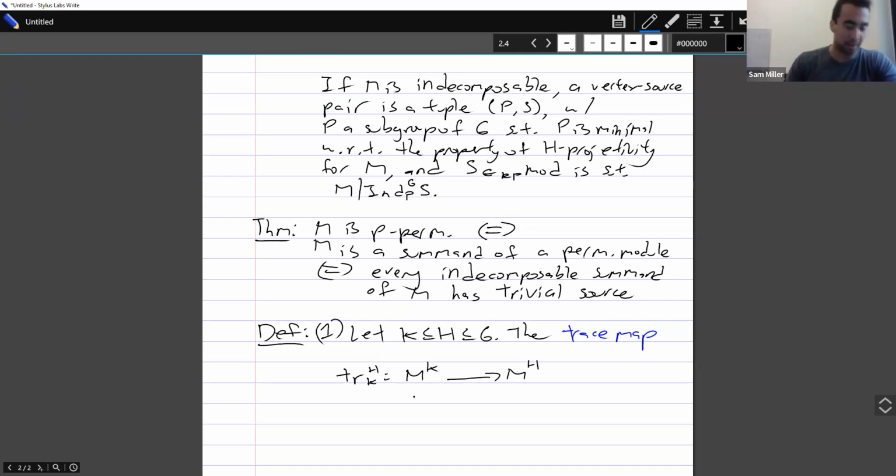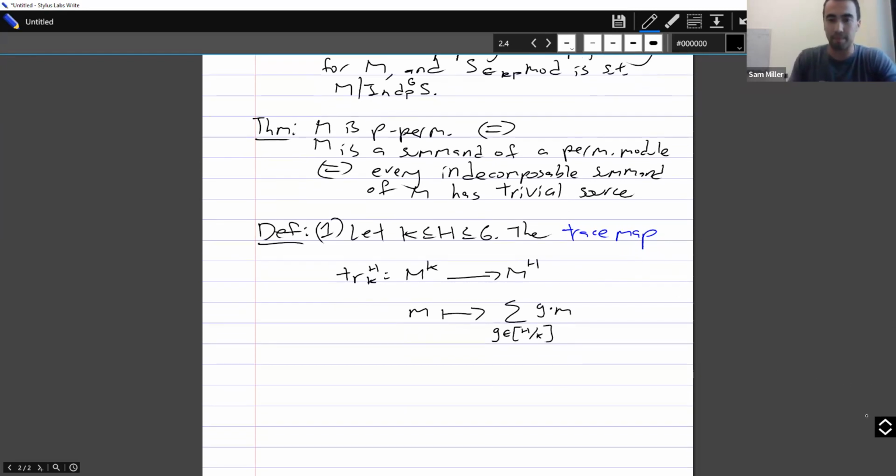But this goes in the opposite direction. This will send an element m to a sum where we take a set of coset representatives of H over K, multiply m by g, and sum those. And this, in fact, is well defined.